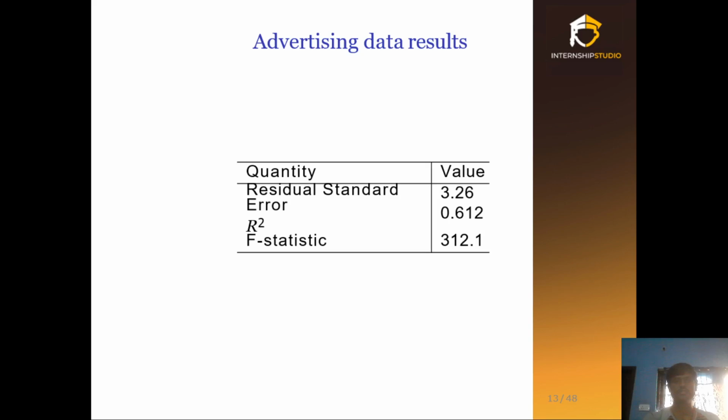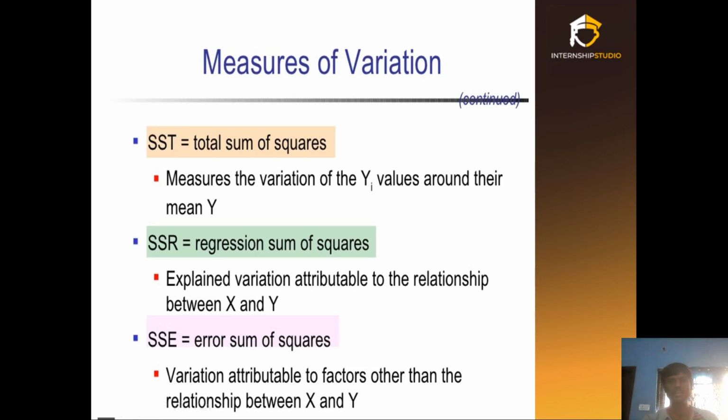So this is what we are trying to do, and we have calculated the residual standard error here, the R square here, and the F statistic as well for the advertising data. And for the different measures of variation that we were speaking of, we have the total sum of squares here, which measures the variation of the yi values around the mean y, and we have the regression sum of squares, which is the explained variation attributable to the relationship between x and y.